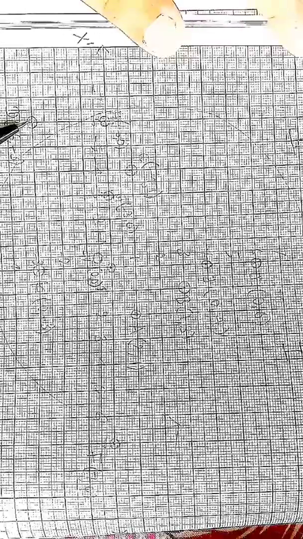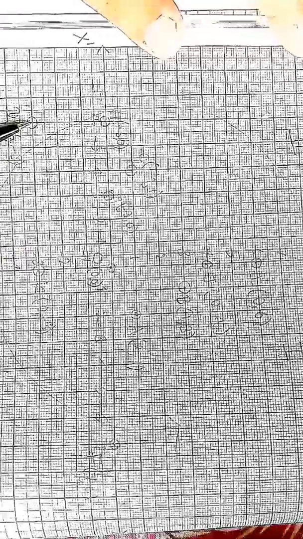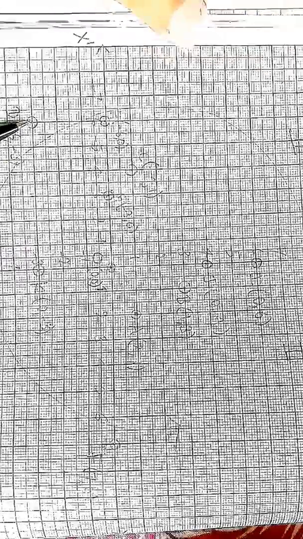Here there is another point. It is at 6 units distance from y-axis on the left, so its x coordinate is minus 6, and it is 3 units below the x-axis, so its y coordinate is minus 3, and the coordinates of the point are minus 6 comma minus 3.